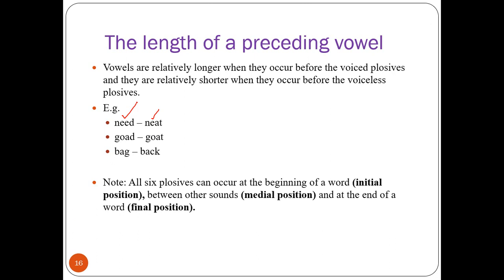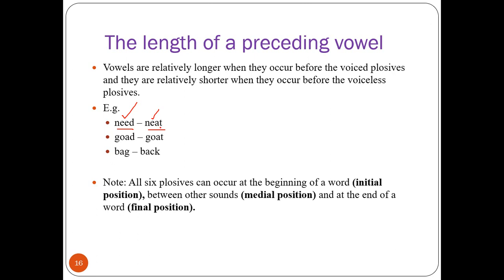In both of these words the vowel is one and the same, a long vowel, E. But you might notice that in the first example, the word "need", the vowel is longer than usual, like "neeed". And in this example, the same vowel is shorter, "neat". Why is it so? Because here this vowel occurs before a voiced sound. D is a voiced sound. So that's why it's longer.